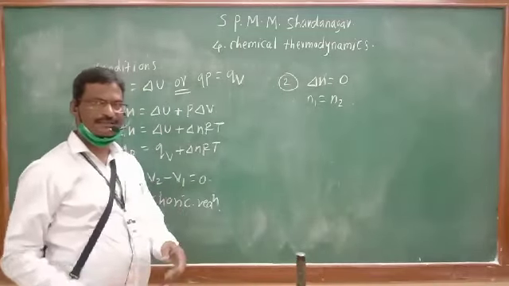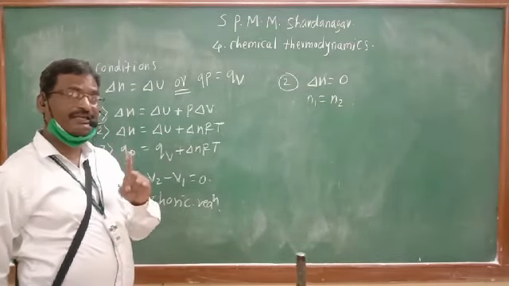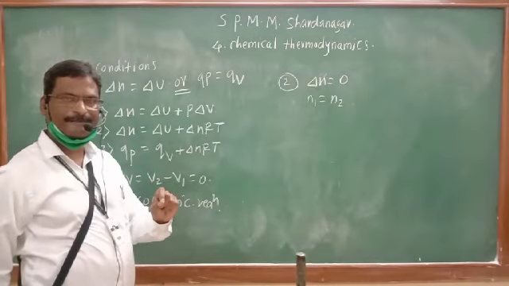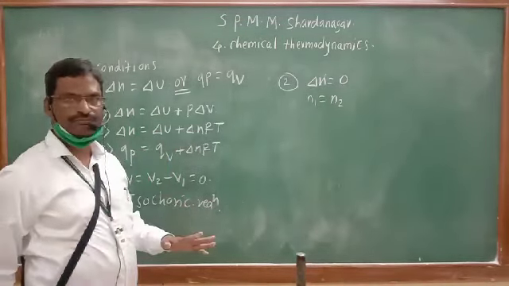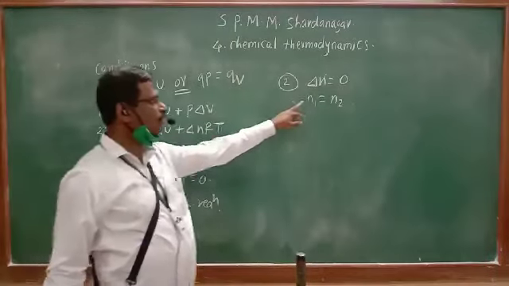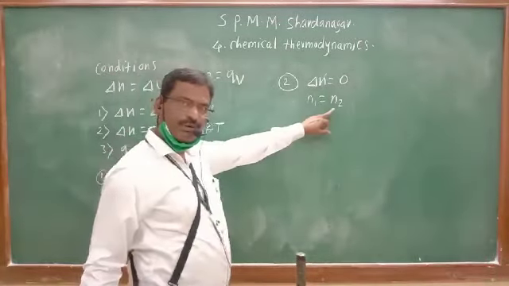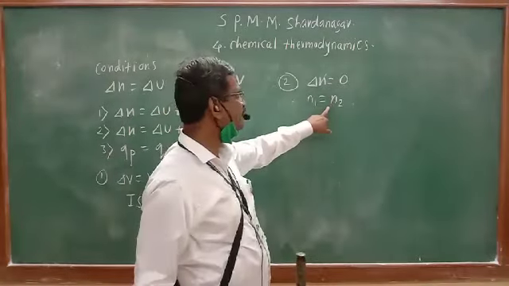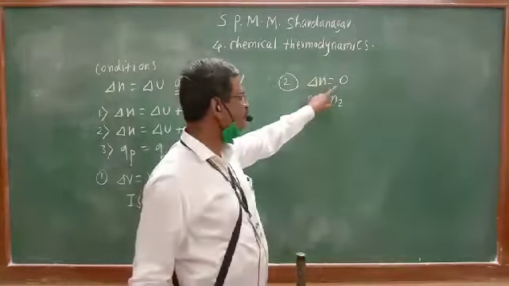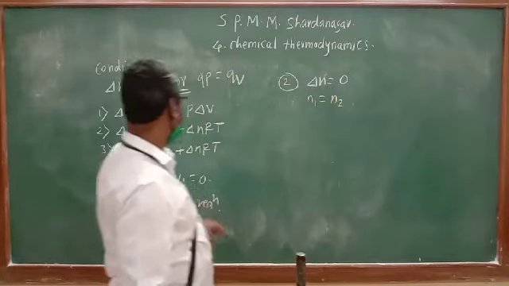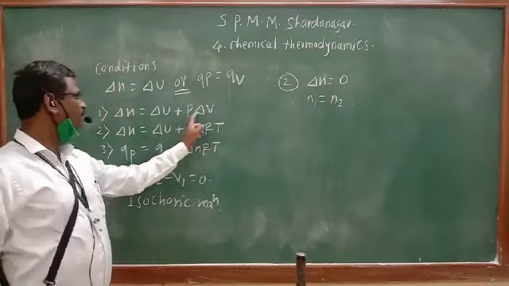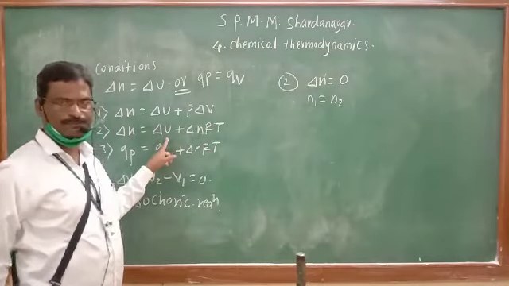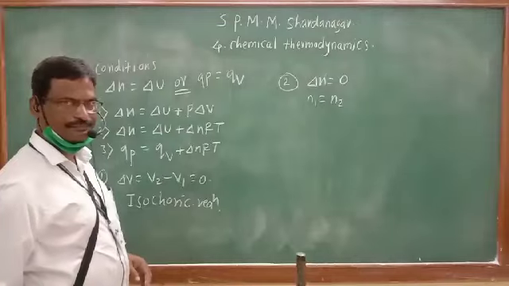The reactions in which change in number of moles during a chemical reaction is 0, or number of moles of reactant is equal to number of moles of product. This type of reaction has change in number of moles 0 and delta N is 0, therefore delta H comes equal to delta U. This is the second condition.